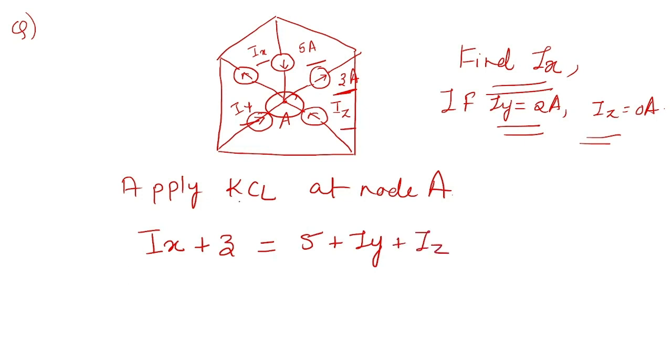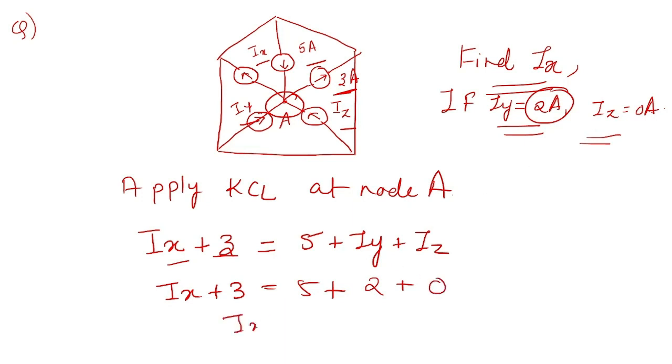So what does it mean? KCL: the sum of current entering the junction is equal to the sum leaving the junction. So Ix and 3 are leaving the junction, right? And 5, Iy, Iz are entering the junction. Therefore, Ix, which we have to find out, plus 3 is equal to 5 plus Iy, given as 2, plus Iz, given as 0.